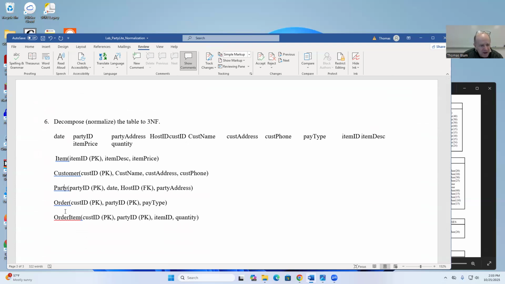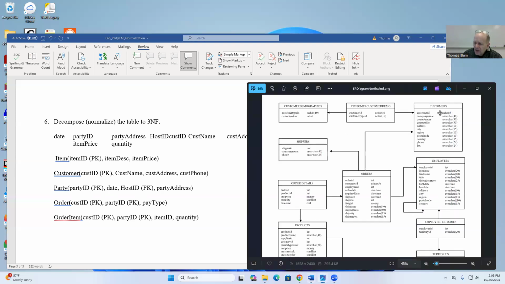Then we can use the party ID and find the orders for that party. So we start with the party and then we get the orders for that party. So that will take us to the customer information. And then through order item, we can get the items.